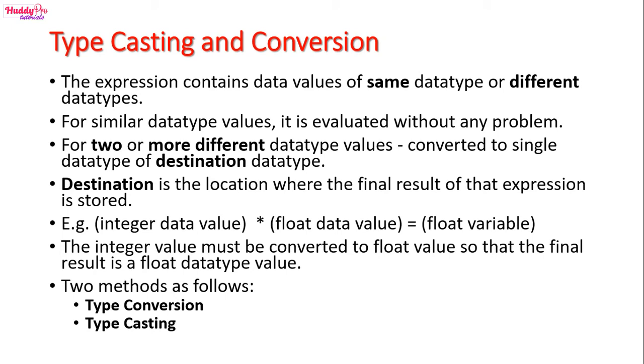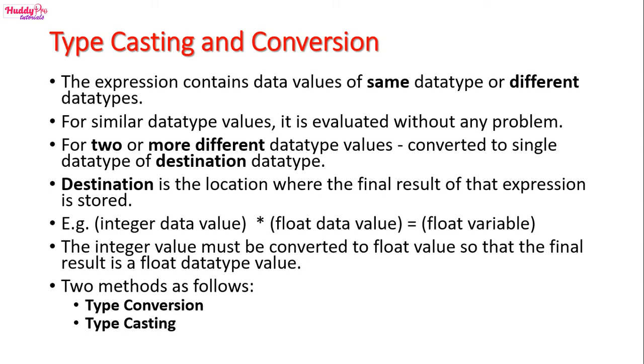So here, the destination is the location where the final result of that expression is stored. For example, the multiplication of an integer data value with a float data value and storing the result into a float variable. So in this case, the integer value must be converted to a float value so that the final result is a float data value. So that's how C programming does things.